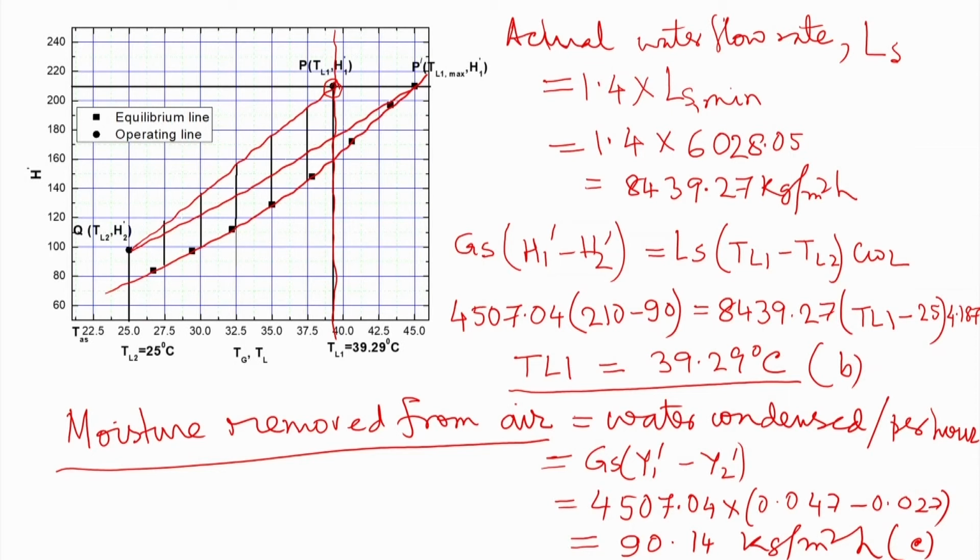Now, we need to find out the height of this dehumidification tower. So, we will get the NTOG and HTOG, and then multiply NTOG and HTOG. Now, we need to get the area under this curve.